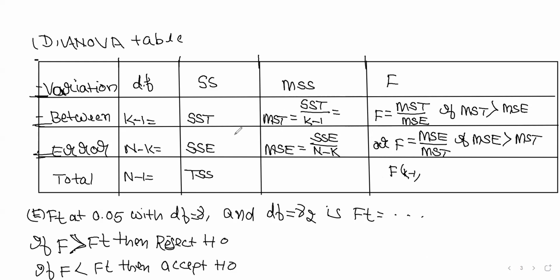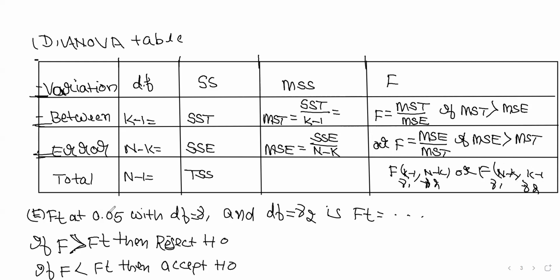Then MSE degrees of freedom is N minus K. This is the mu1 and this is mu2 while calculating. Or it may also be the other way: suppose MSE means N minus K, comma K minus 1. Then this becomes mu1, this becomes mu2 in the table.